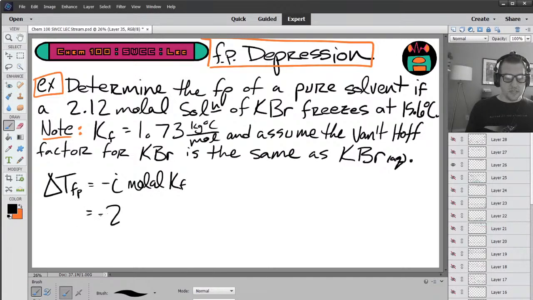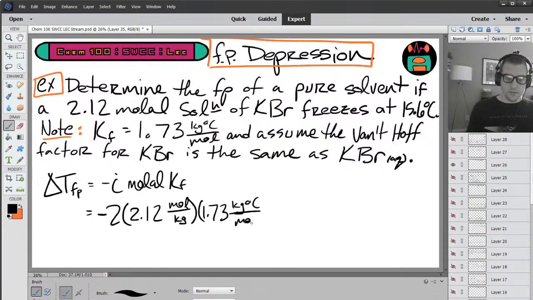So the Vant Hoff factor is 2, our molality is 2.12, and this is moles per kilogram, and then Kf is 1.73 kilograms degrees Celsius over moles. You'll notice that moles cancel, kilograms cancel. We're just left with degrees C.